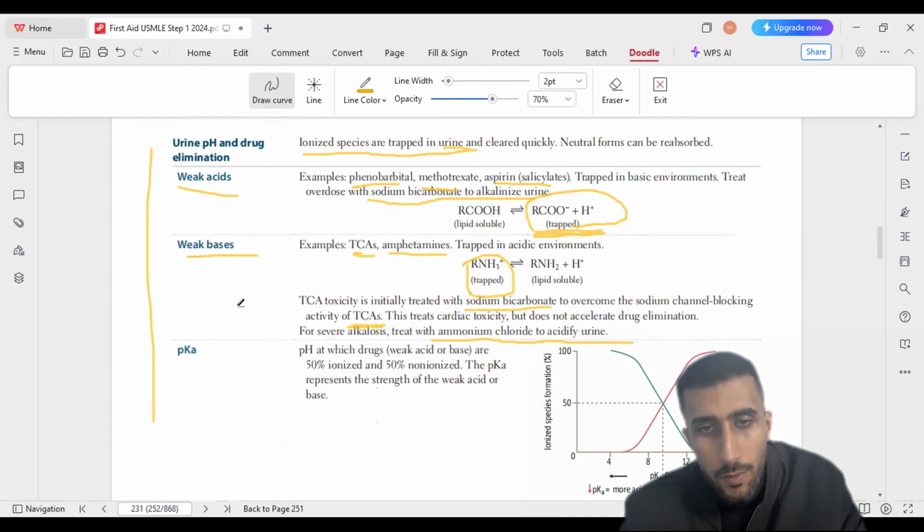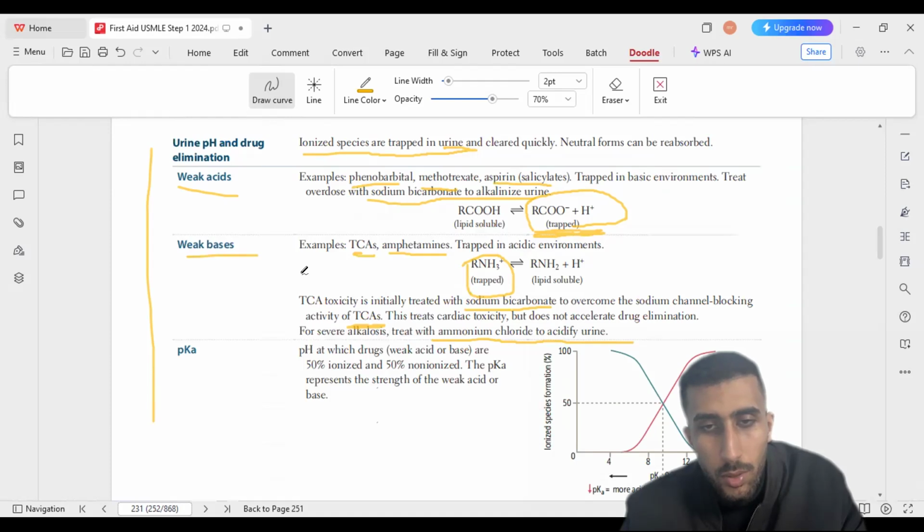So you first give them something to stabilize that, which is sodium bicarbonate, the same as for weak acids, but it has a different area of working. Here it's to get rid of the drug by making it trapped in the urine. But here you have two steps.